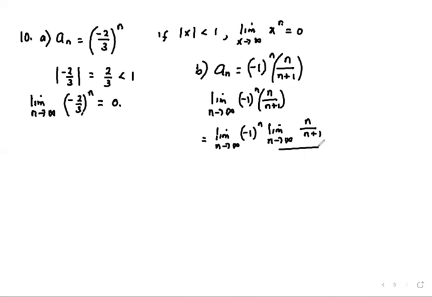Here we are determining convergence. This limit converges to 1, but the other one diverges.